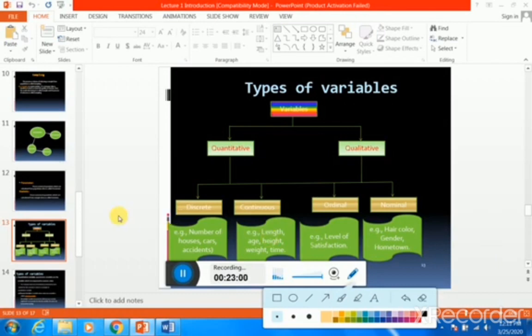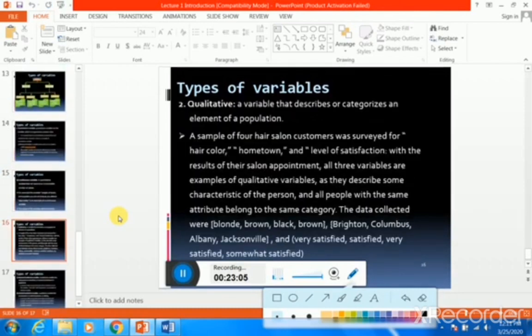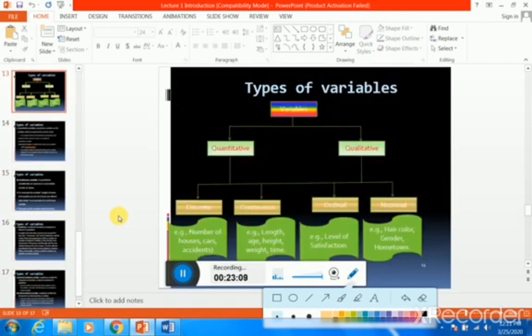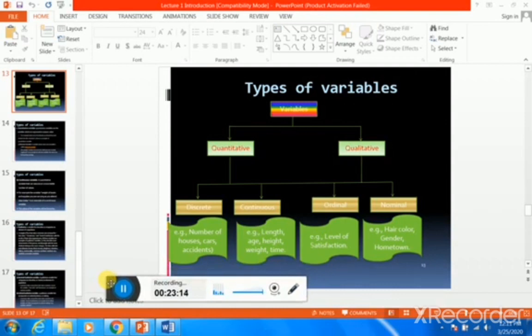A variable is a symbol such as x, y, z which can assume any of a prescribed set of values. For example, the number of students in a class, weekly wages, etc. are all examples of your variable.